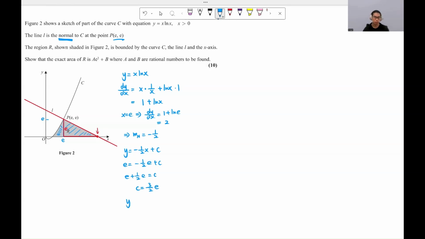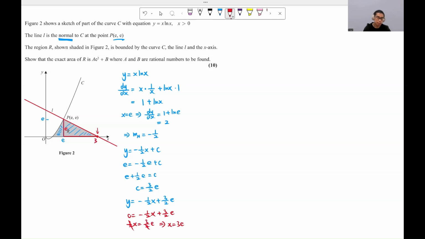Then we know the equation is y equals negative 1/2 x plus 3/2 e. To work out the x-intercept, we can just let y equal 0. So 0 equals negative 1/2 x plus 3/2 e, which means half x equals 3/2 e. Times both sides by 2, then x is equal to 3e.